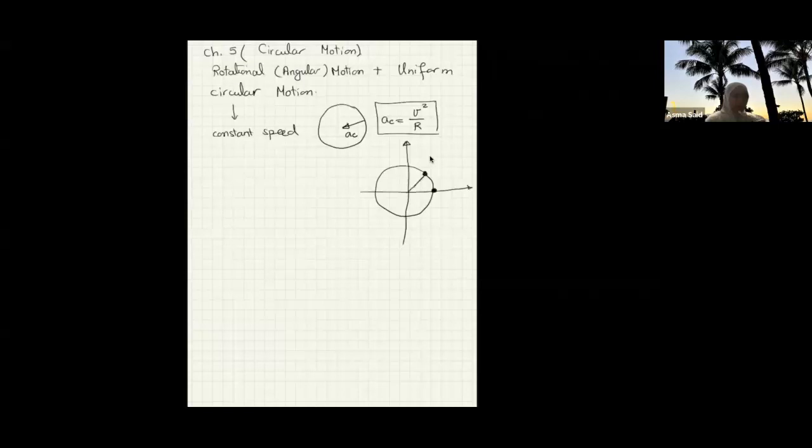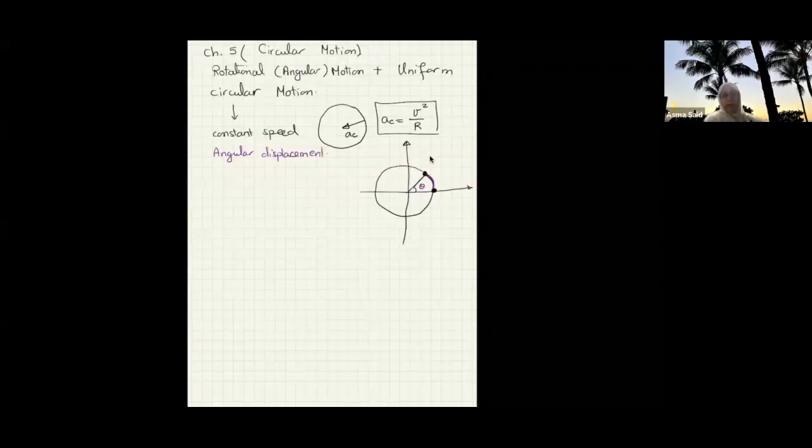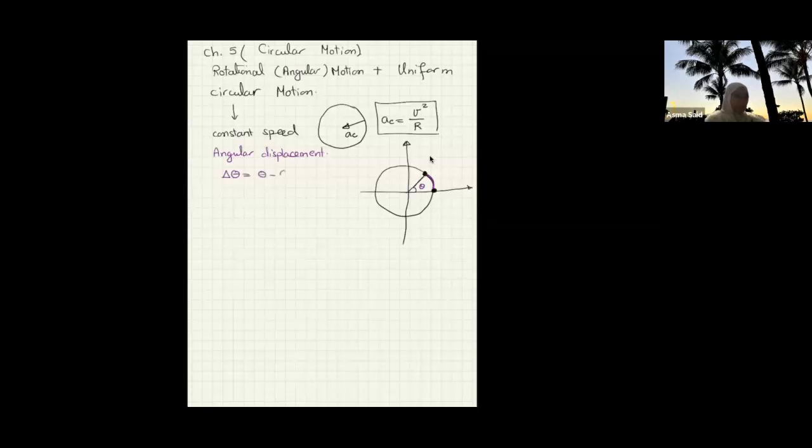Then in the same time that my object did a displacement over the arc, it did make a displacement here, theta, and we call it angular displacement. Whenever I say angular, the other equivalent word for it is rotational. Then that delta theta is gonna be theta minus theta initial.